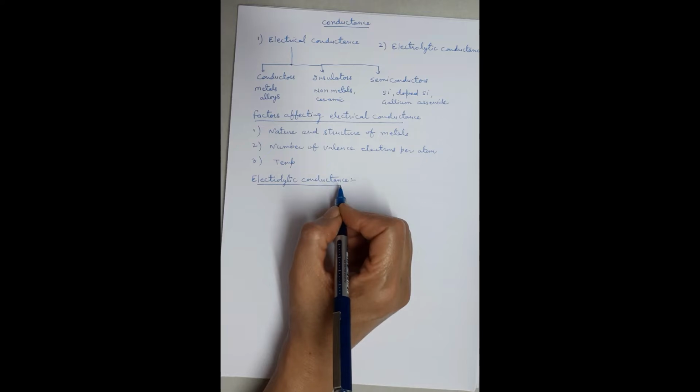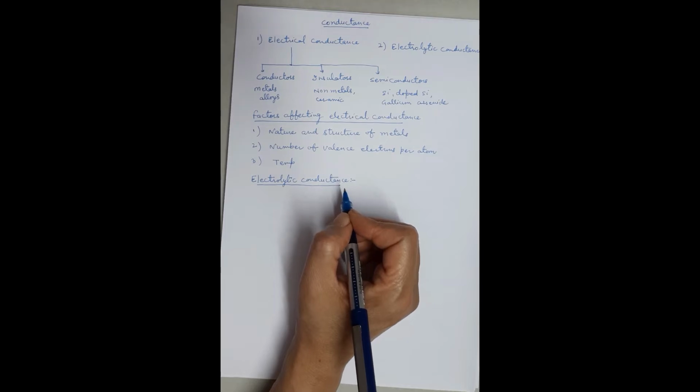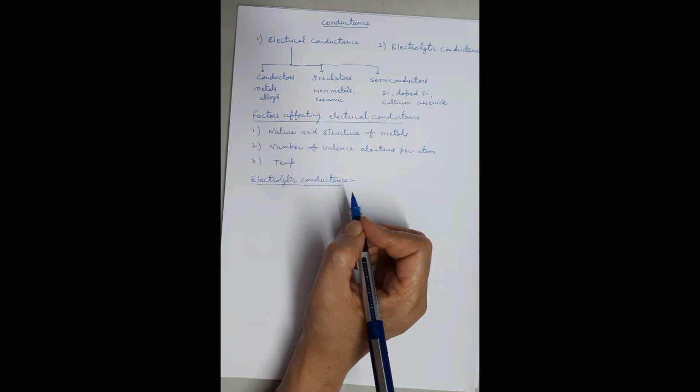Children, in aqueous solution or in molten state, when electricity is passed through the electrolytes, it splits into oppositely charged ions. If I'm talking about KCl, it ionizes as K+ and Cl-. So actually the movement of ions is responsible for the conduction.